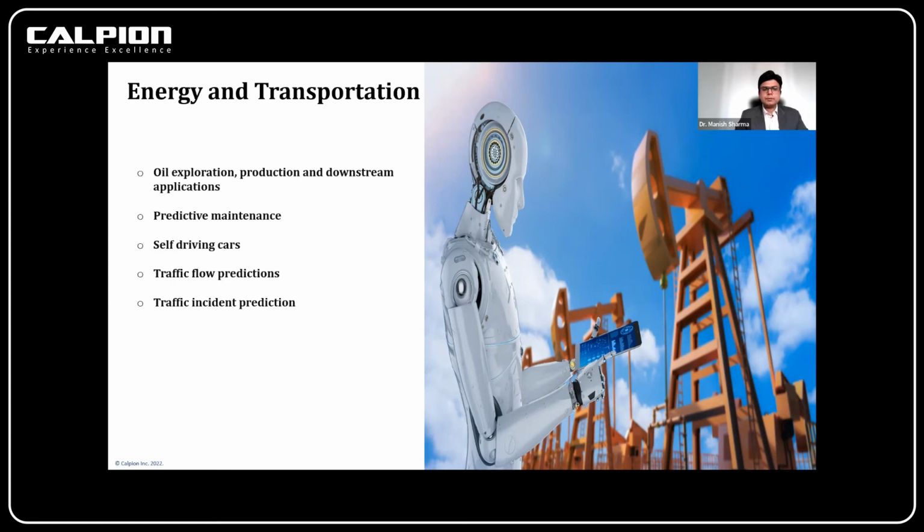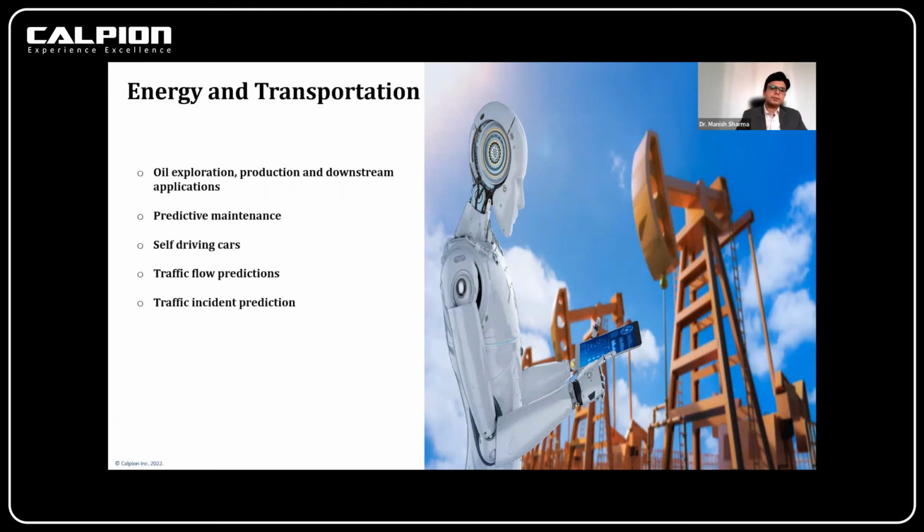Now, if there is a deep learning model which can model how the traffic is going to flow throughout the day or maybe for the next couple of hours, then this model can be integrated with signals all over the city or in a particular area of the city, and then it can help in better navigating the traffic.